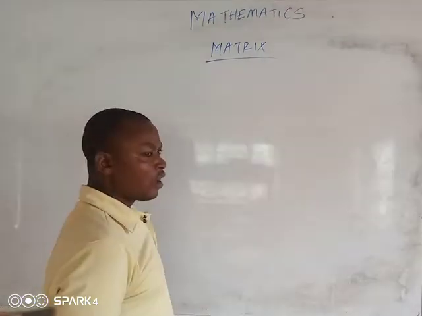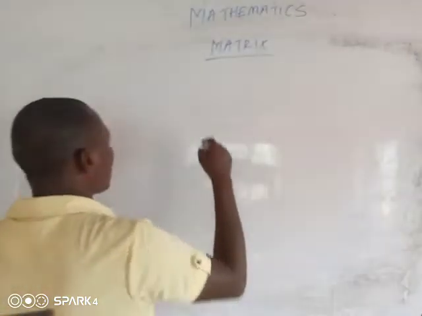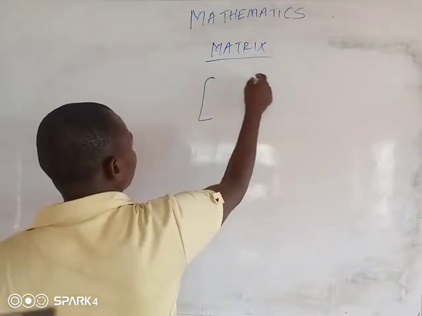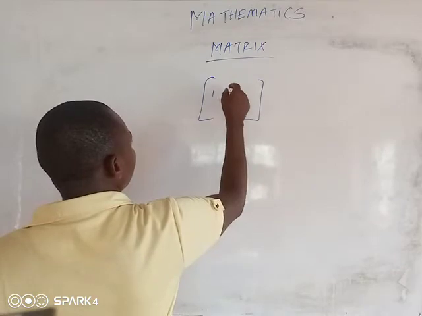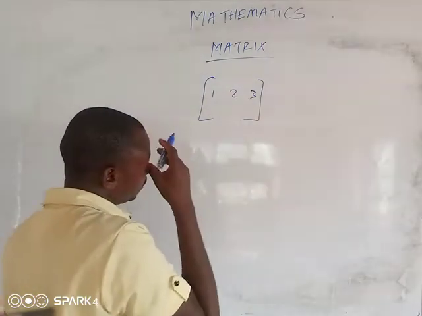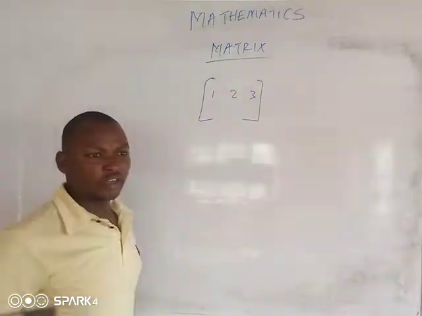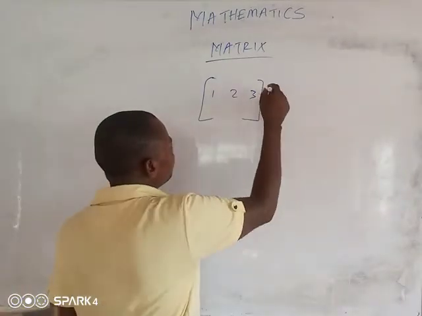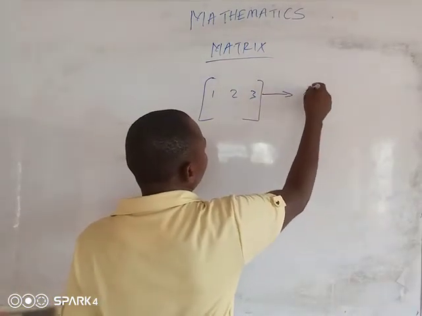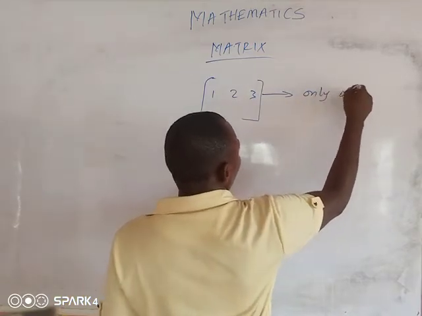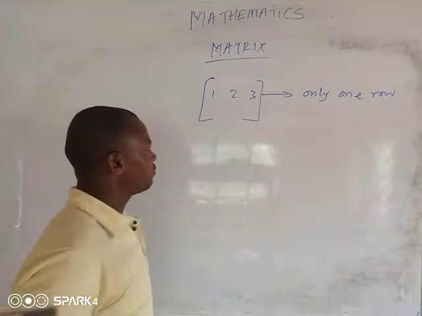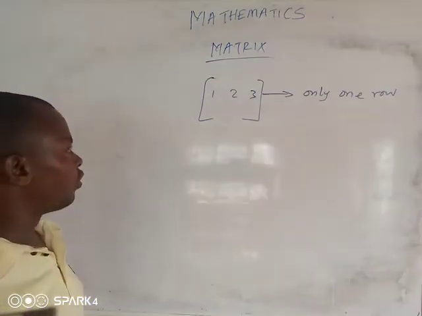Now, we can have a row matrix. 1, 2, 3. A row matrix is a matrix that has only 1 row.